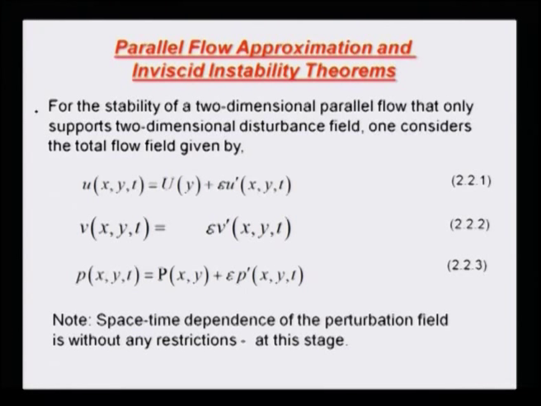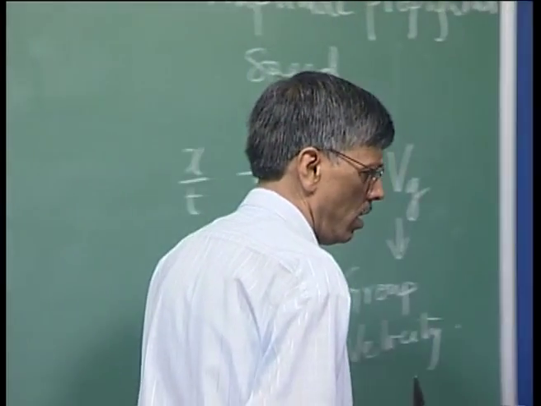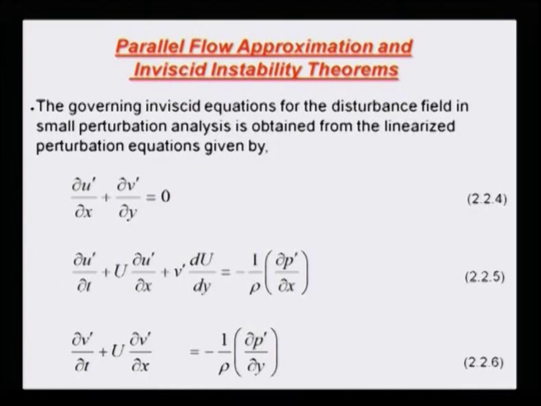So, this is the way that we are going to talk about it, and I specifically made a note here that the space-time dependence of the perturbation field has not been restricted, while the mean flow has been restricted here. Okay, so we try to write down the governing equations. What have we done?